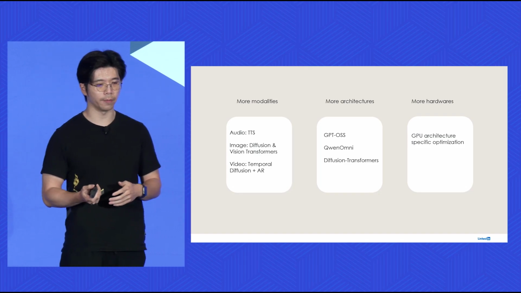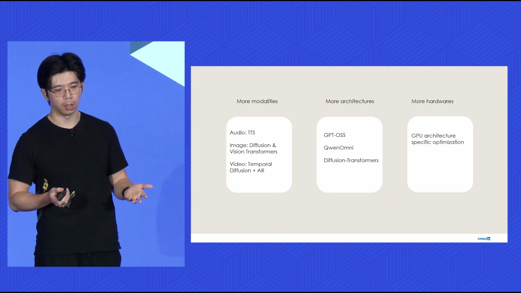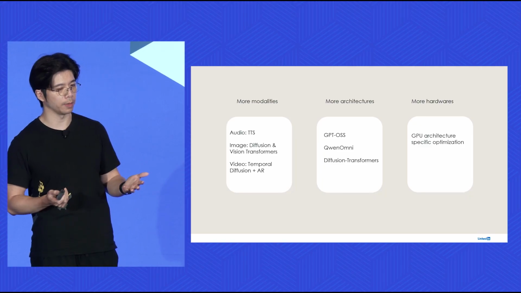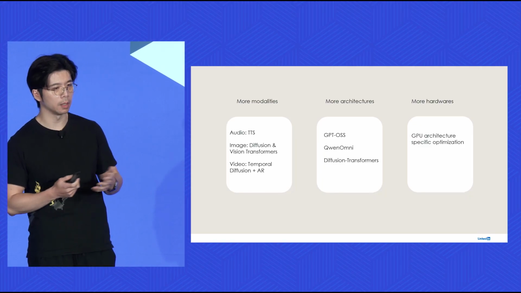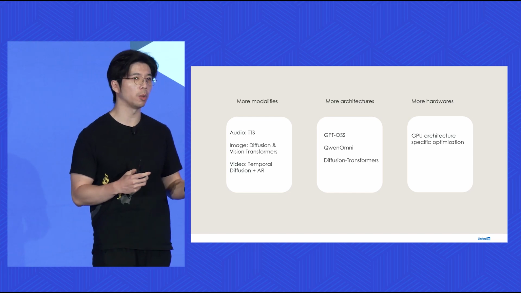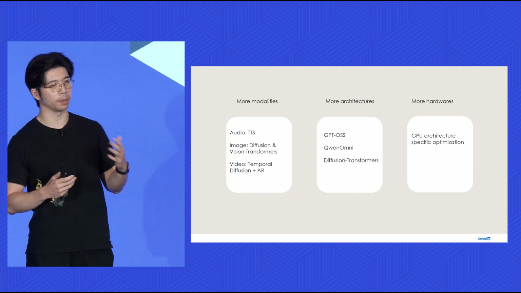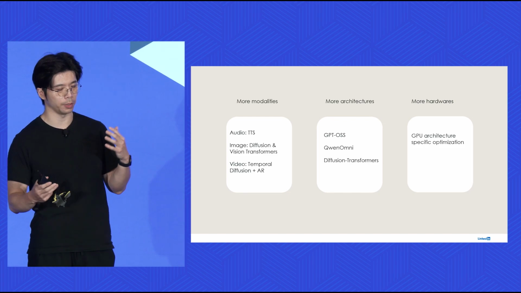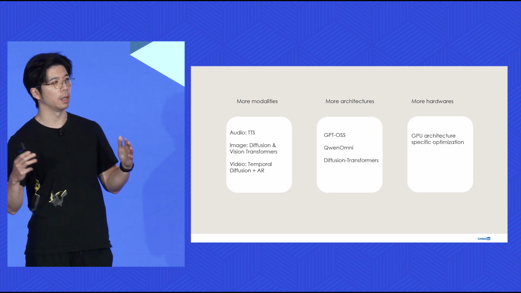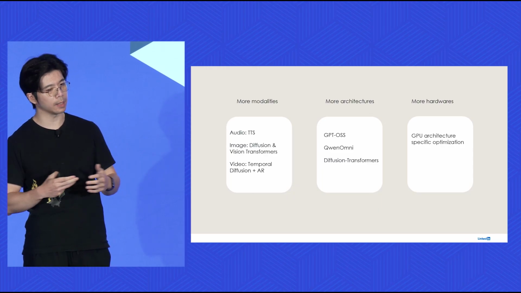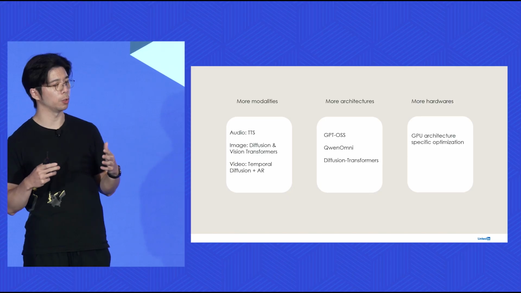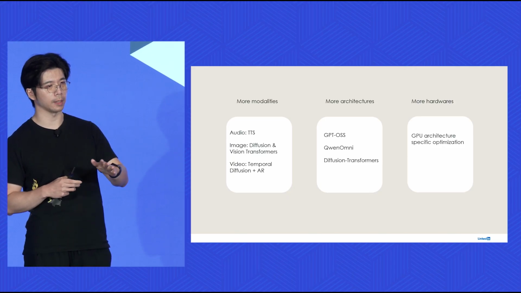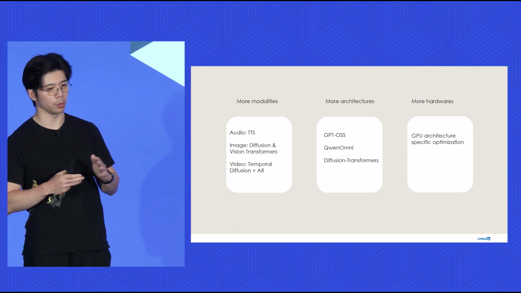And lastly, we definitely want to fine-tune for various GPU types. Right now, we have specialization for the warp sizes and block sizes for different GPUs. However, we are not actively maintaining it. So in order to push the performance to the limit, there's tuning that we have to do.